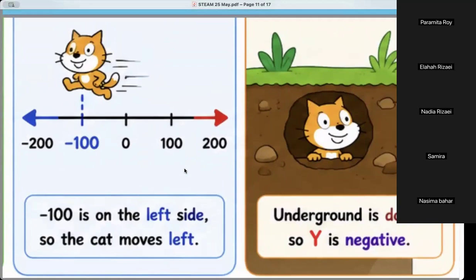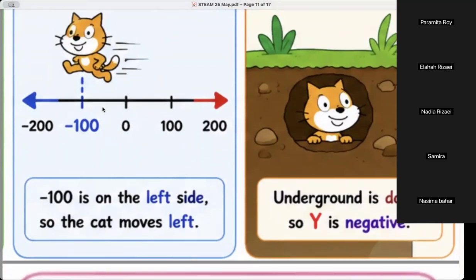Here, you have to tell me. Now, this is the 0 position, okay? Girls, look carefully. What did we talk about? When you're going right, it is positive. When you're going left, it is negative. So where is the sprite? The sprite is on the horizontal line, but it is on the negative side. Anything to the left of 0 is negative.